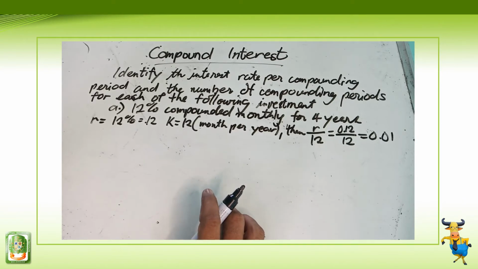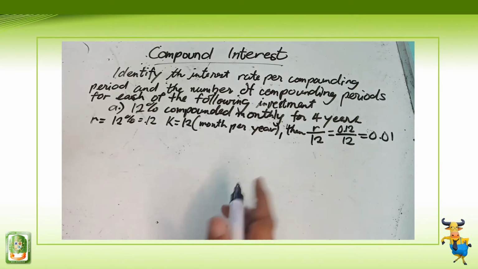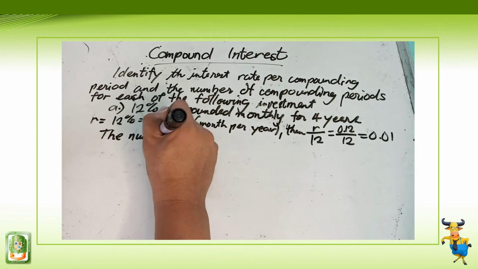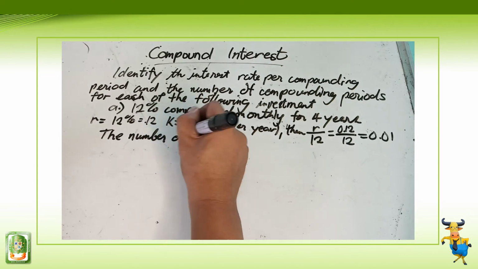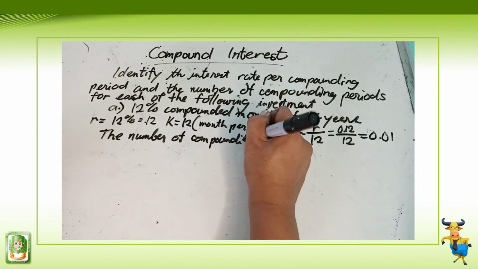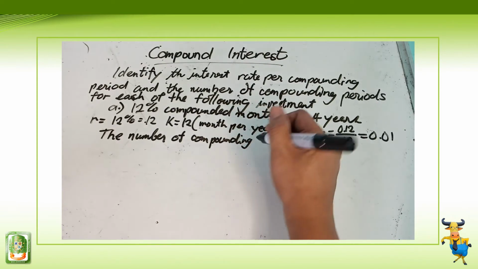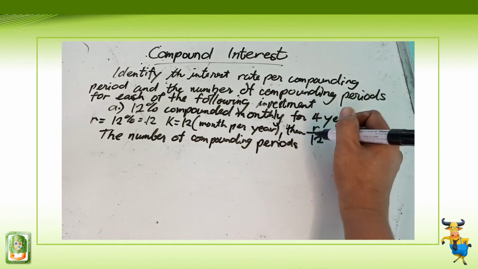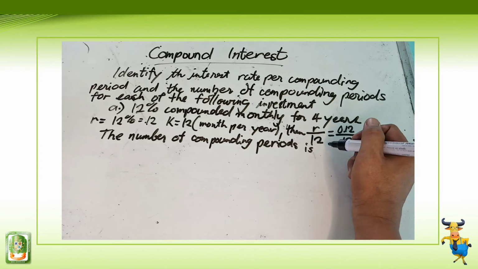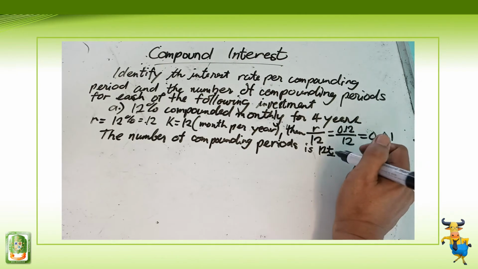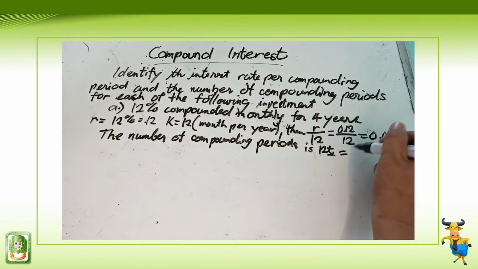What is the number of compounding periods? So, the number of compounding periods is 12 times the time, is equal to 12 times 4.